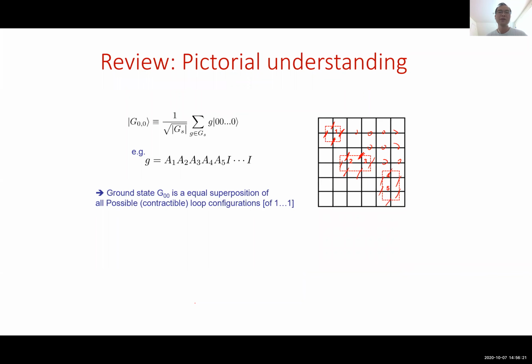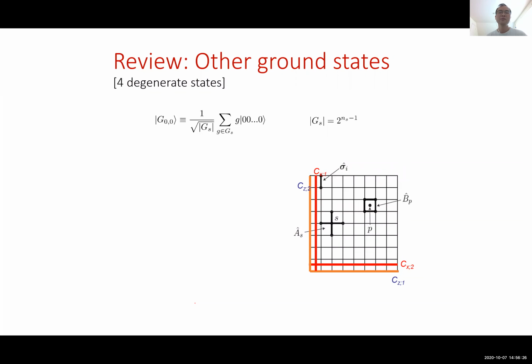So how do we find the other 3 ground states? The idea is using the logical operator. Given that this would be our logical 0, 0 state, if we have 2 qubits, we will write it as 0, 0.